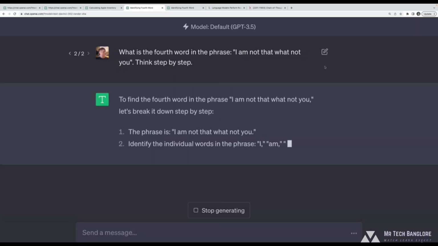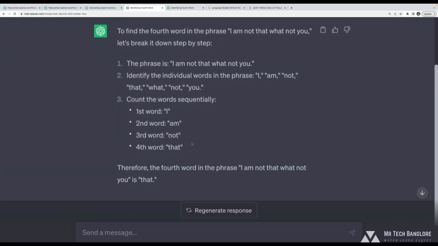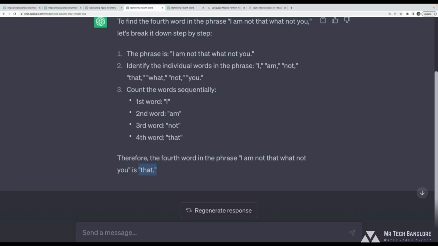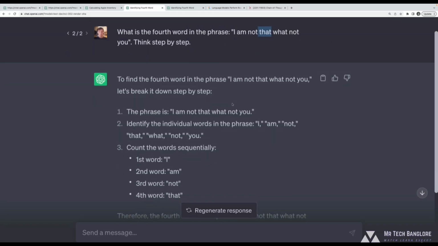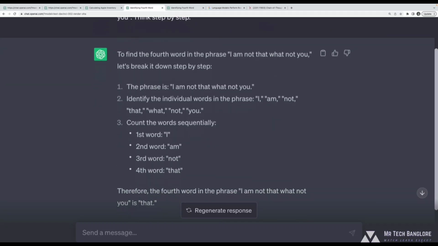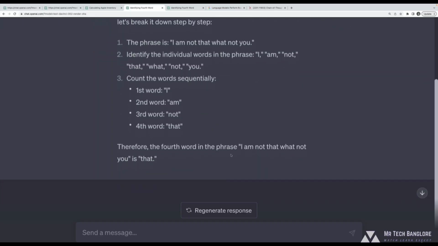There's not a lot of steps here, but you can see it breaks it down, and it does result in the correct answer. The 4th word in the phrase is that, which is correct, right? 1, 2, 3, 4. So it gives me a full explanation, which is kind of silly. I don't need the explanation, but by asking it to explain itself step by step, it arrives at the right answer, where before it wasn't giving me the right answer.